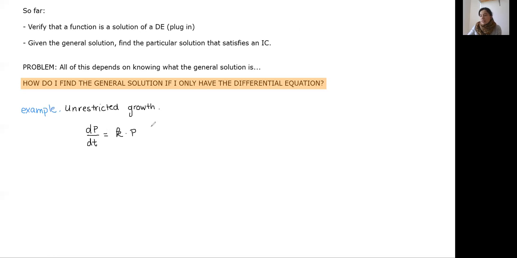Now, just for this case, I'm going to suppose that K is equal to 2.